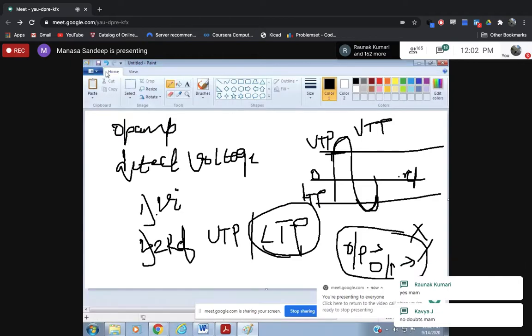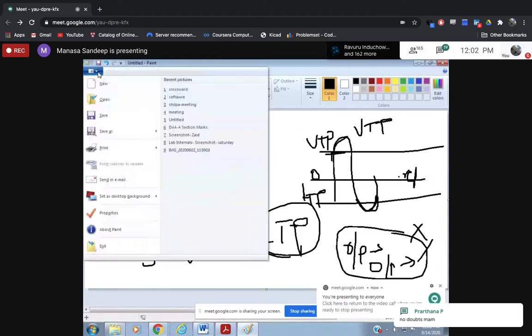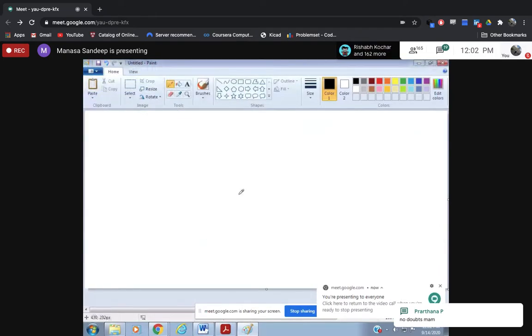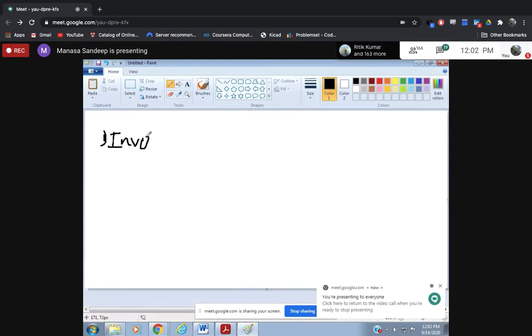So now you understand. In the Schmitt trigger, or whatever op-amp application you take, there will be two types. The first one is inverting, and one more possibility is non-inverting. Whatever op-amp application you take, you will have these two.